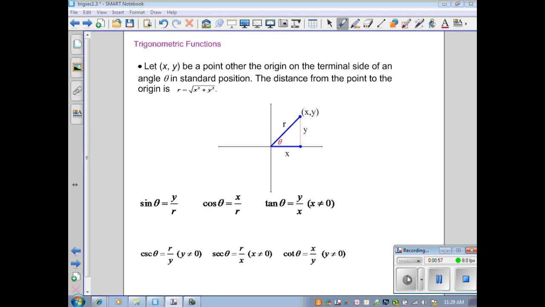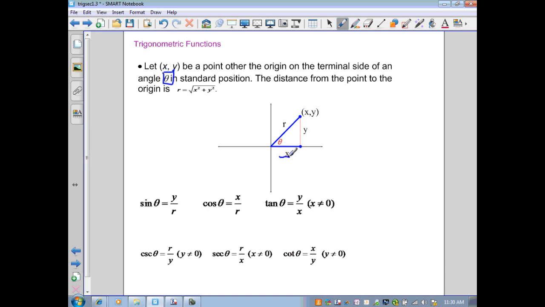And that will create an angle in standard position where I have an initial side on my x-axis and a terminal side in some other quadrant. We're going to name the angle theta, and that's the symbol for theta. And what we need to do is actually find the distance of that point from the origin, and they're going to call that r. So I have 3 parts on my triangle.